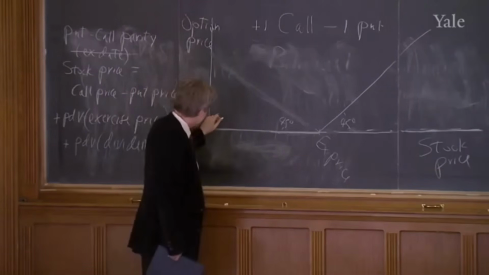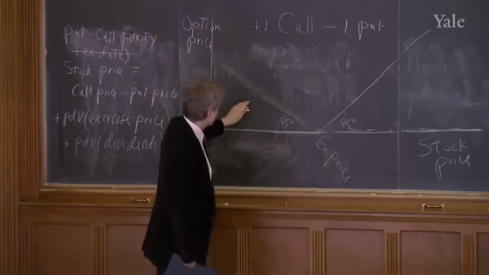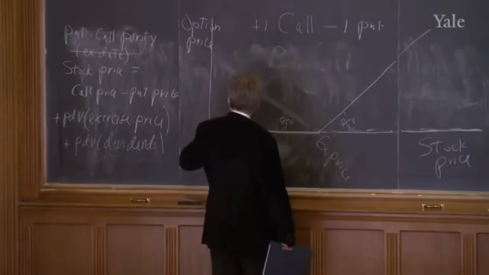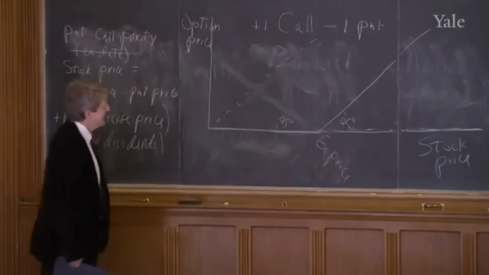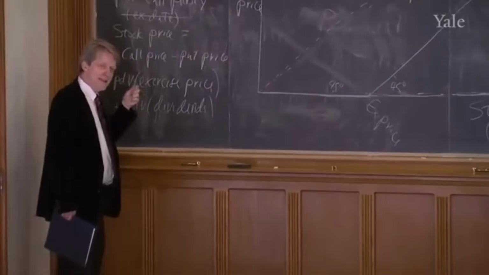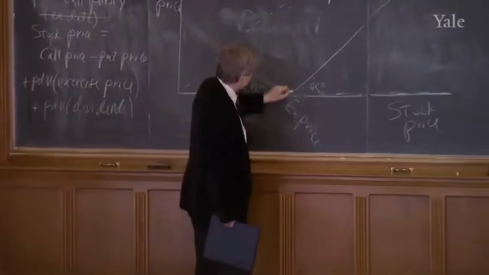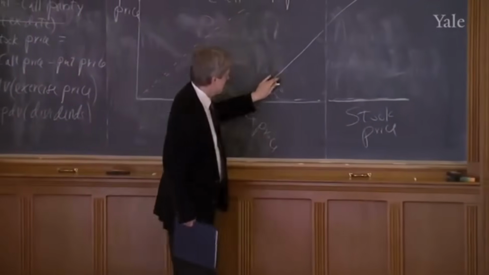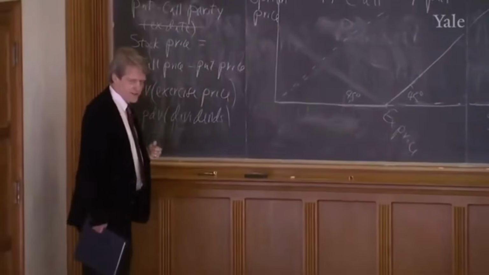I'll draw a 45-degree line from the origin. So it's kind of obvious that that's supposed to be parallel to that. It's obvious that the call price has to be above this broken straight line, but not too far above it. Above this broken straight line representing the price as a function of the stock price on the last day.